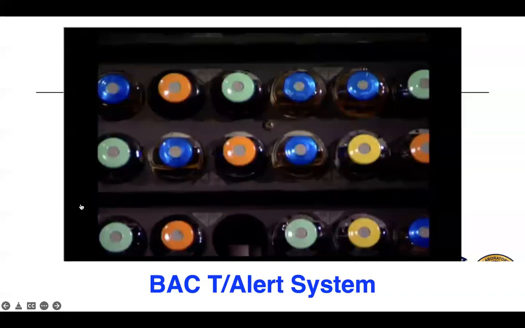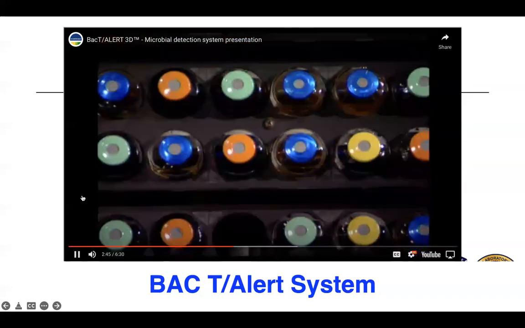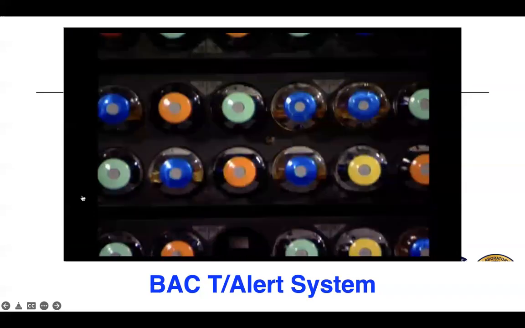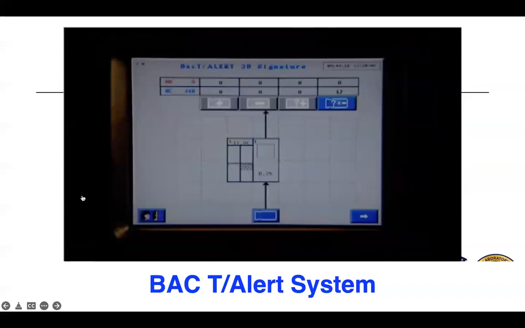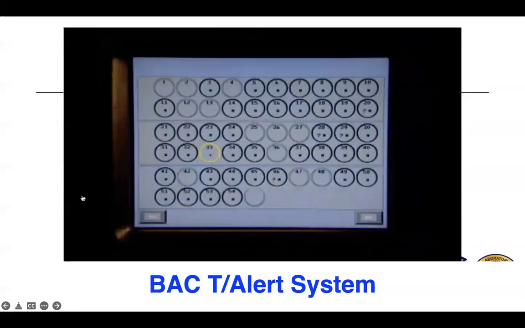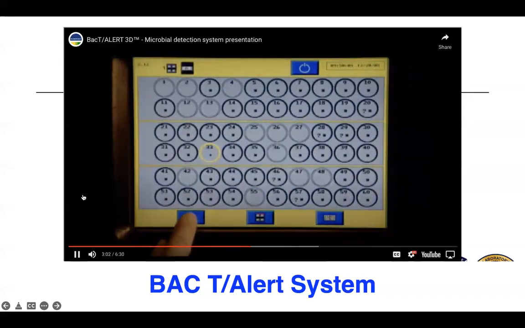Samples are monitored individually, and a high rate of carbon dioxide production or sustained acceleration of carbon dioxide production is required for a positive reading. When positive cultures are detected, the BacT/Alert 3D controller immediately alerts you with visual and audible signals and identifies the location of the positive cultures.